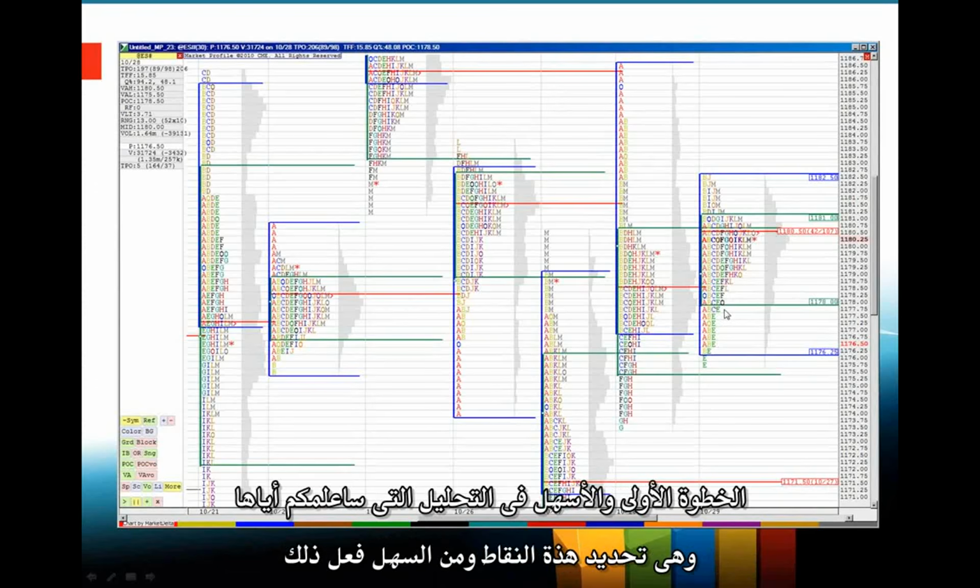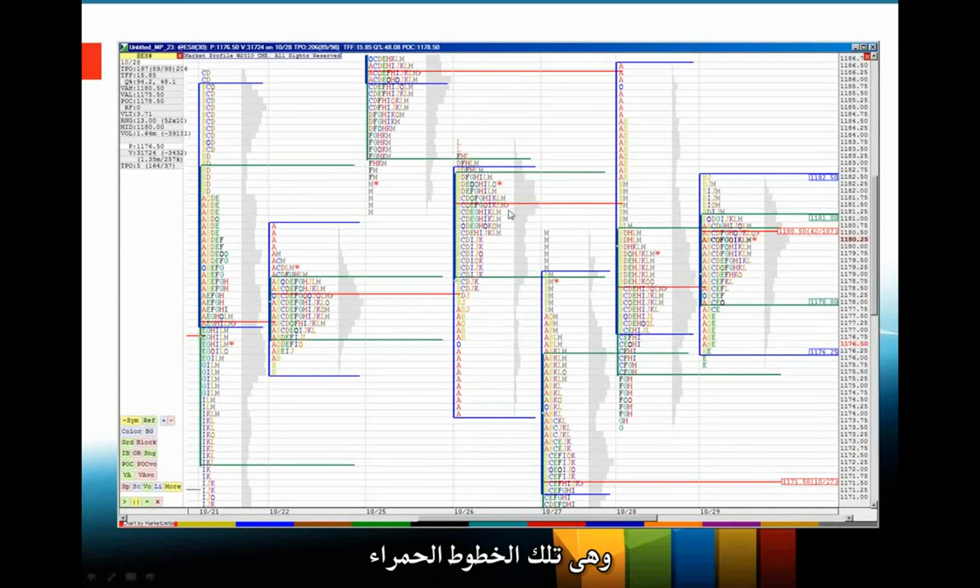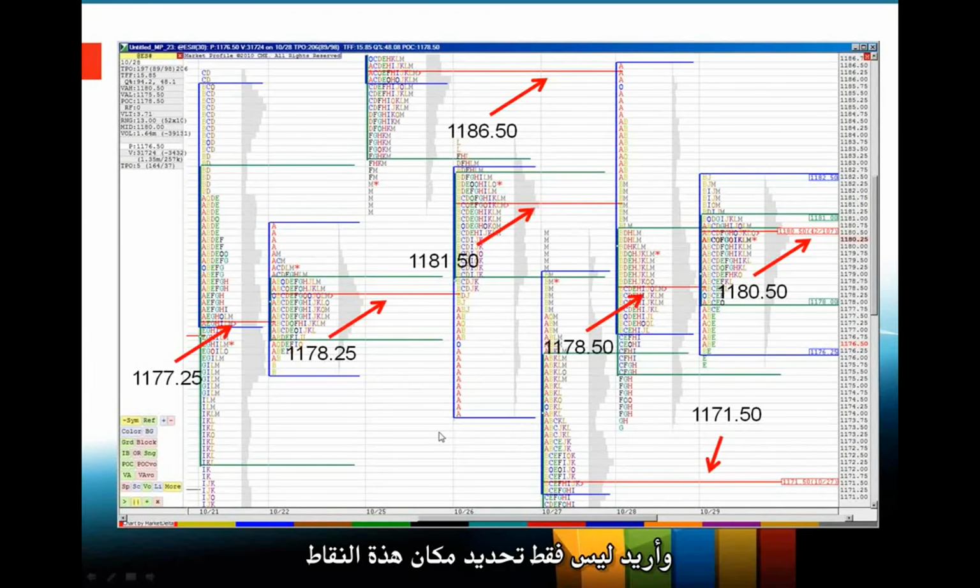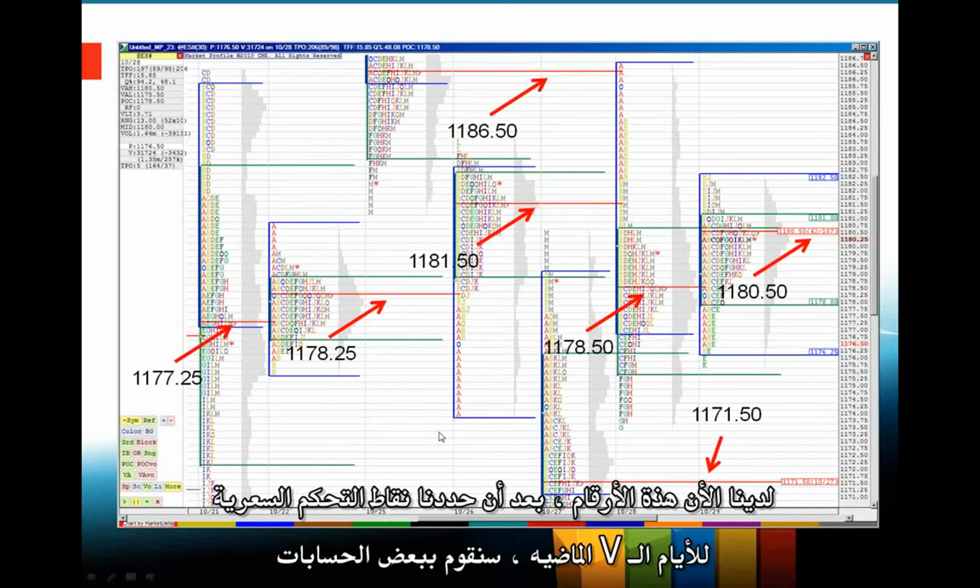As the first step in this simple analytical process I'm going to teach you, I want you first of all to identify them, and they're very easy to identify because market profile gives us this nice red line. Now that we have this information, we've identified all of our points of control for the past 7 days.